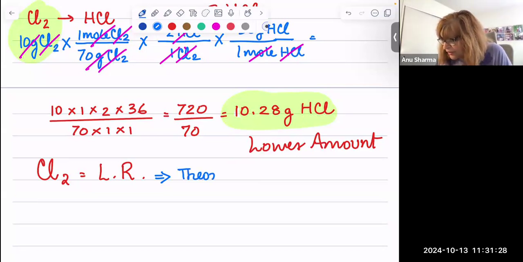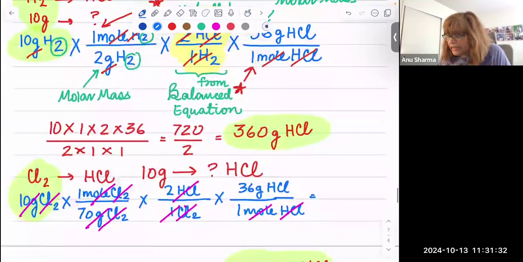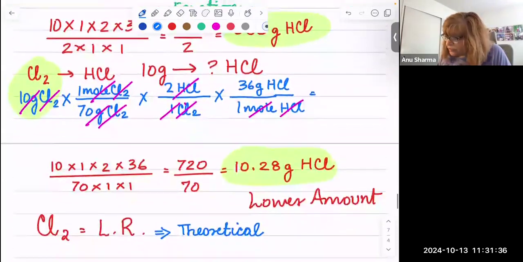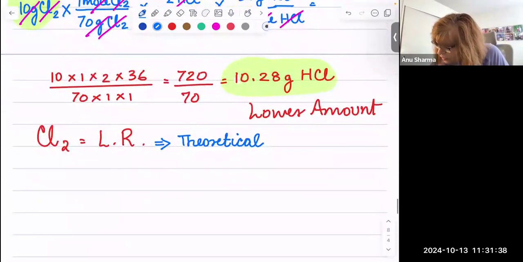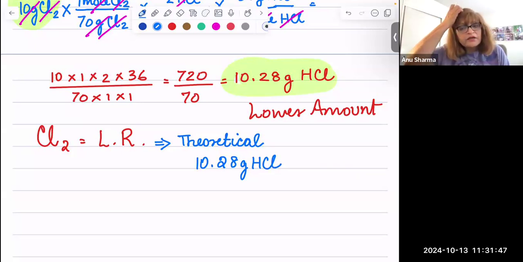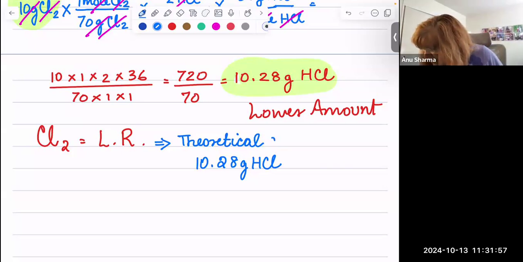In theory, no matter how much excess hydrogen we use, we can only get 10.28 grams of HCl if we use 10 grams of chlorine. So we need to use more chlorine in this reaction in order to produce a larger amount of HCl. So we are limited now. So this is the theoretical yield.